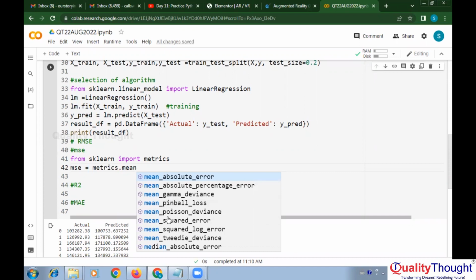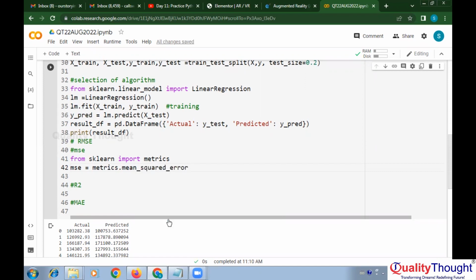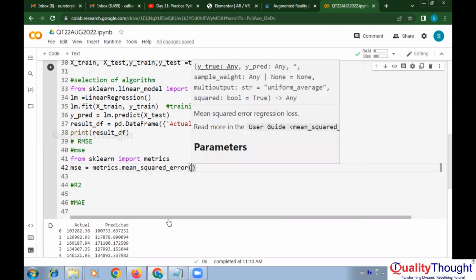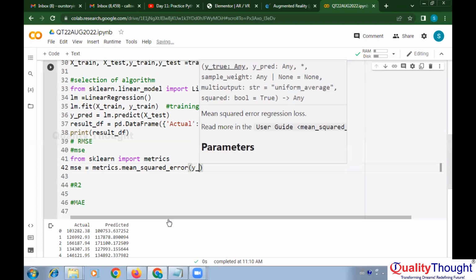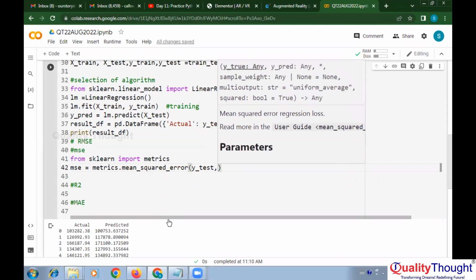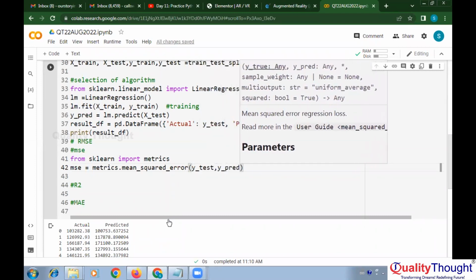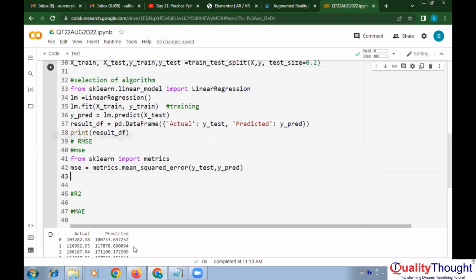All these are metrics only, but we'll take mean squared error. We will pass two values. What are the two values? We'll pass our actual, which is y test, and the predicted, which is y pred. The answer that we get, we have to find the root. How to find the root?